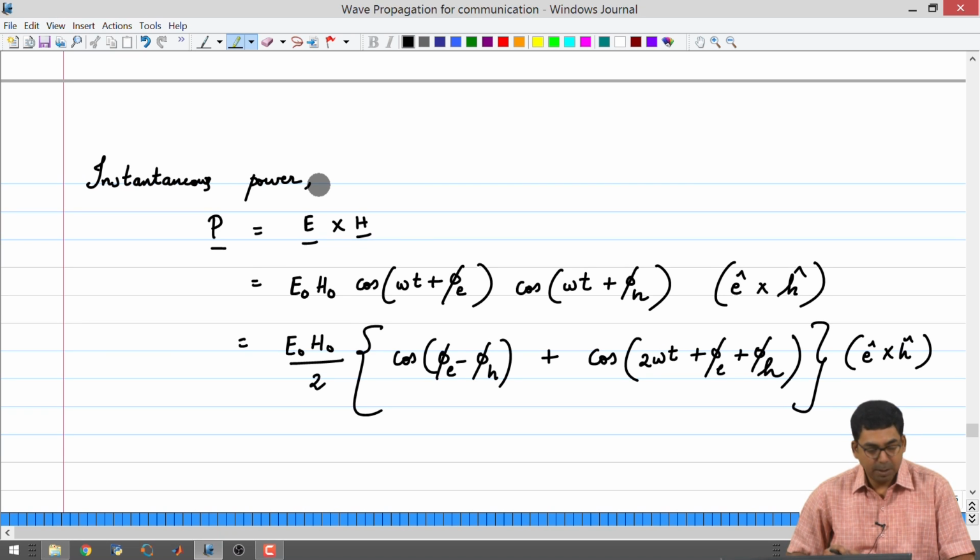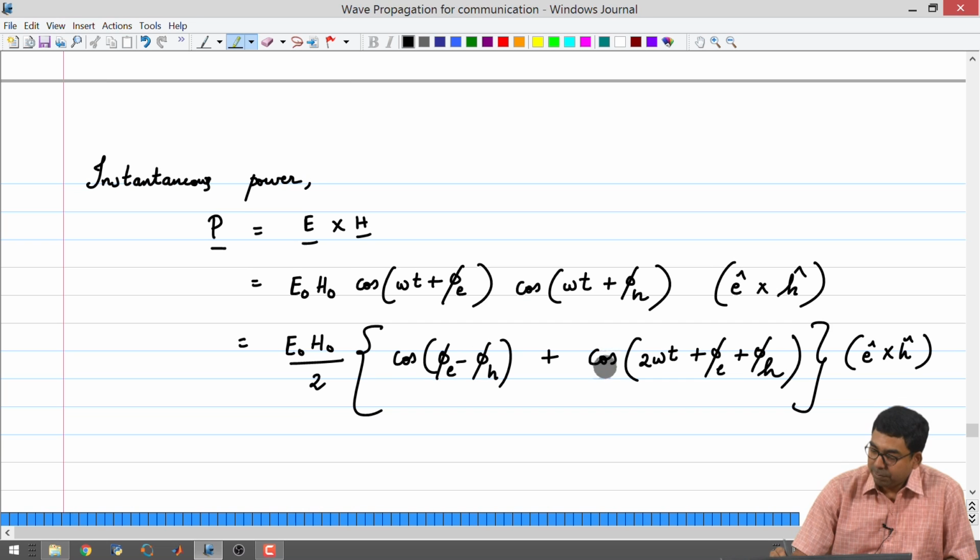Now, the question that one can ask is, what is the relationship between the instantaneous power and the time? It is very clear that you have a cosine 2 omega t plus something, which means that it is a periodic instantaneous power density also, which means that we have some possibilities over here.